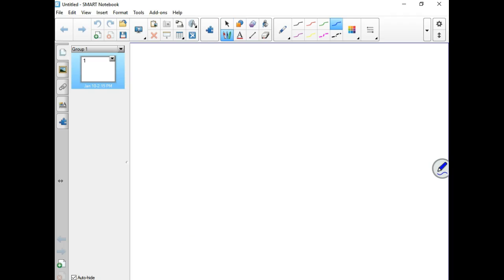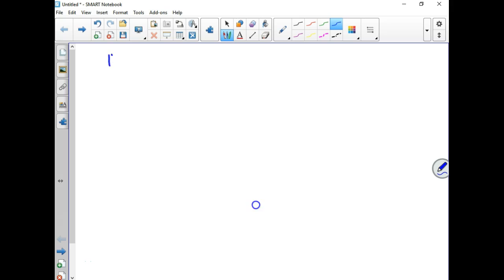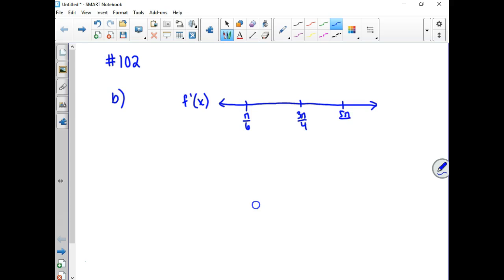Today in class we were looking at 102, and we ran into some problems here, but everything we had done in class was correct. On part B, we had the sine line, and we had pi over 6, 3 pi over 4, and 5 pi over 6.